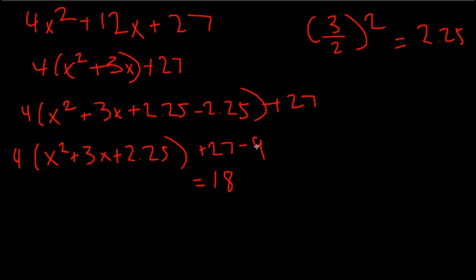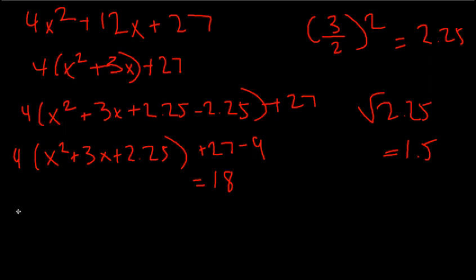Or we can finish completing the square. So now we take the square root of 2.25, and that's equal to 1.5. Another thing you can do is just take the number 3 divided by 2, which is the same thing. You can do this any time you're doing this.